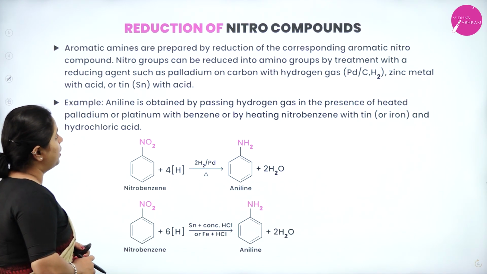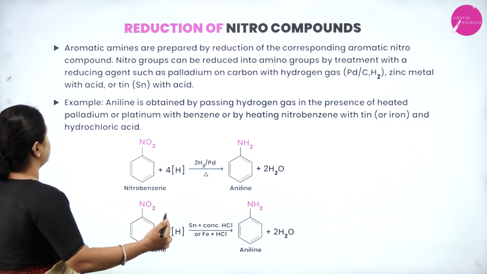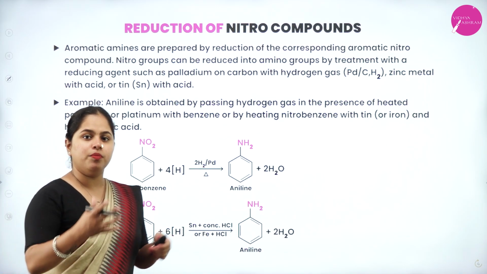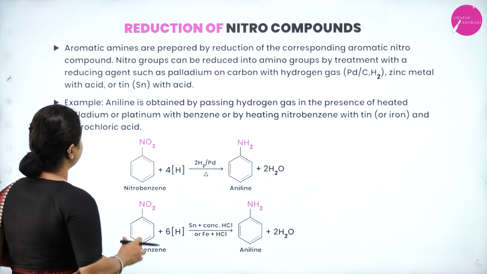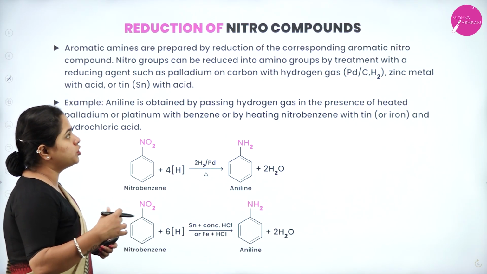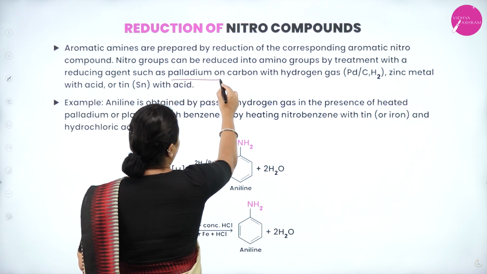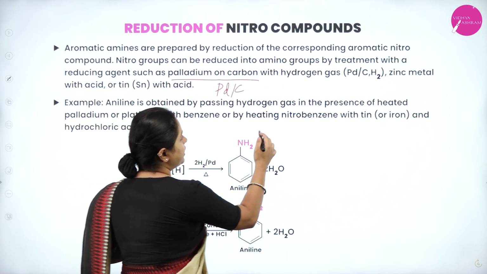So aromatic amines are prepared by reduction of the corresponding aromatic nitro compound. Okay, aromatic amines can be prepared from their corresponding aromatic nitro compound. So let's discuss that. Nitro compounds can be reduced into amino group by treatment with a reducing agent such as palladium on carbon with hydrogen gas.